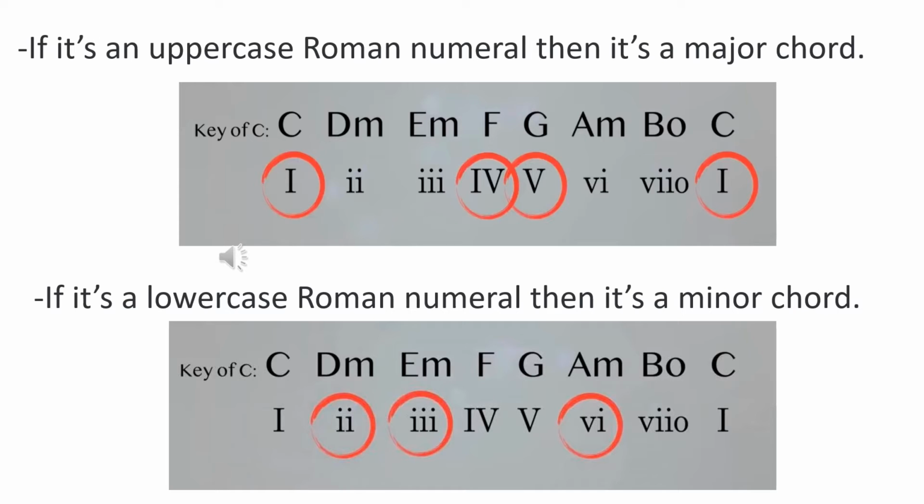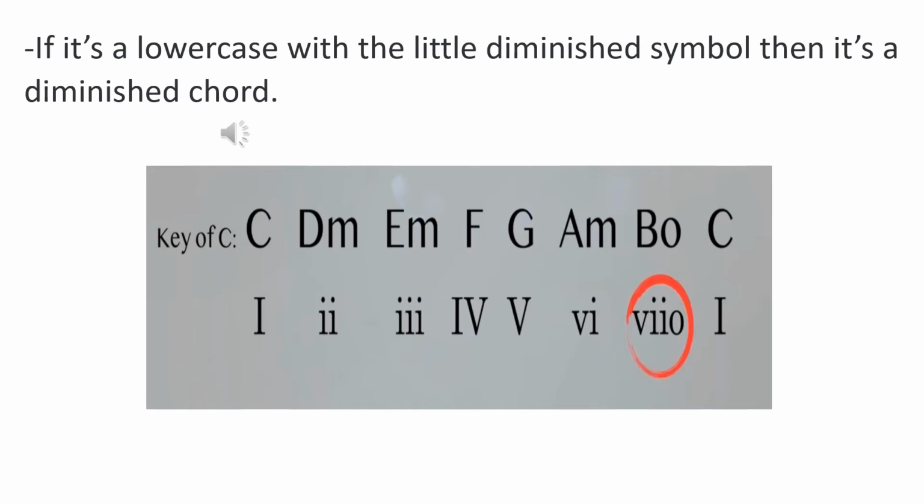And if we see a lowercase numeral, then we have a minor chord, which is 2, 3, and 6 for D minor, E minor, and A minor. And if it's lowercase with a little diminished symbol, then it's a diminished chord. Like we have here is 7 diminished, which is the B diminished chord.